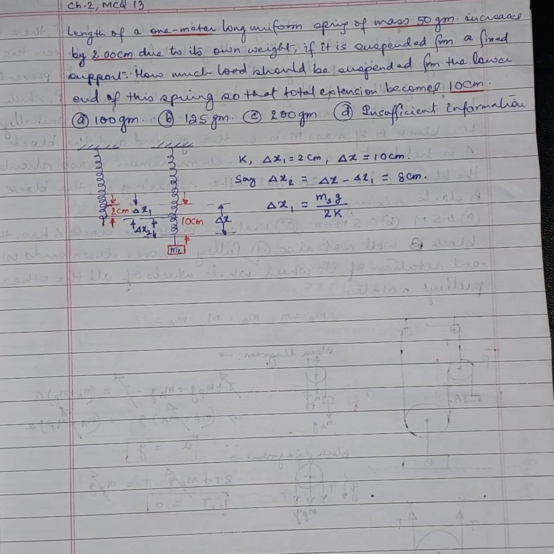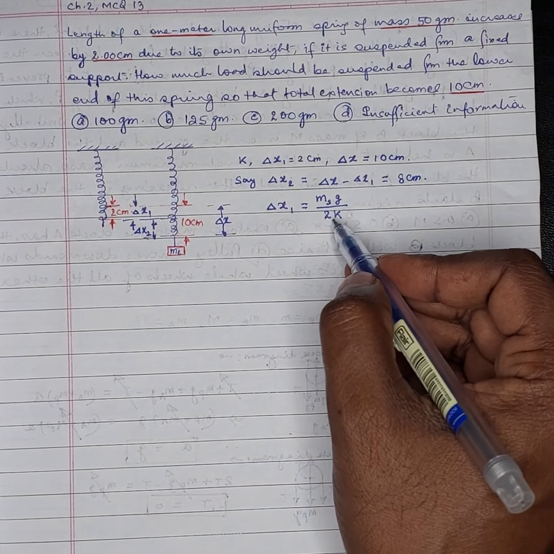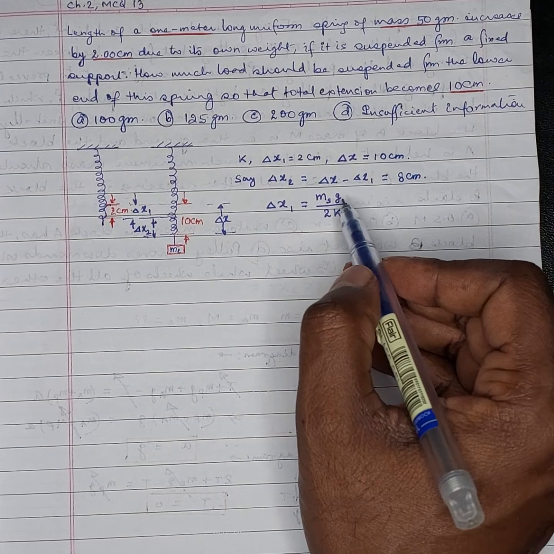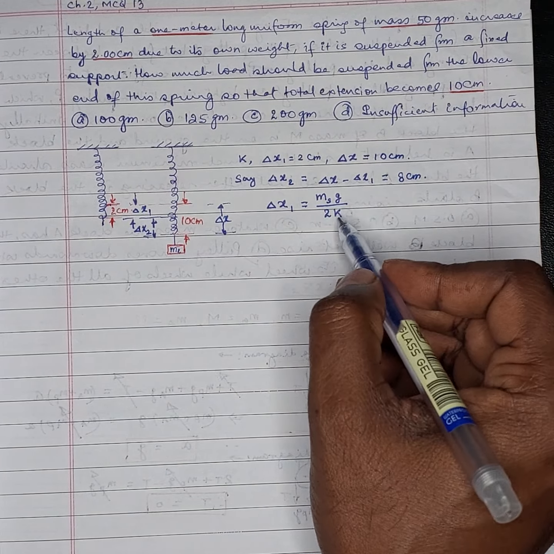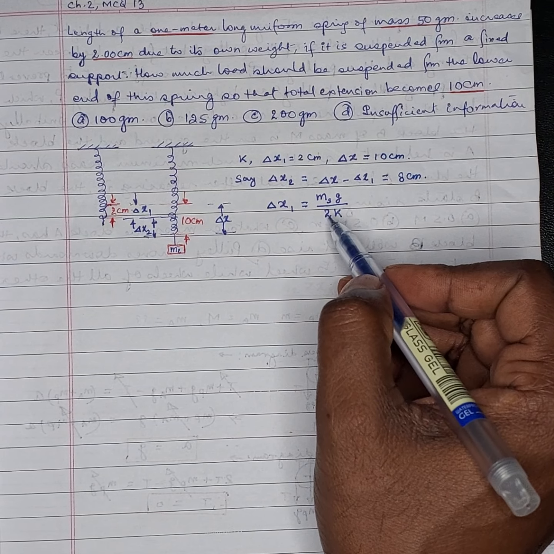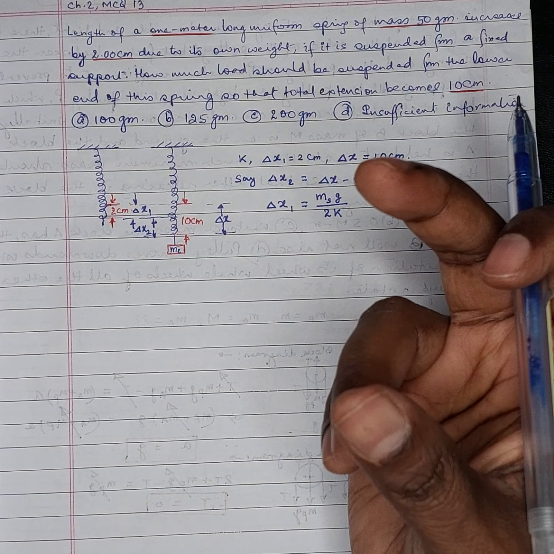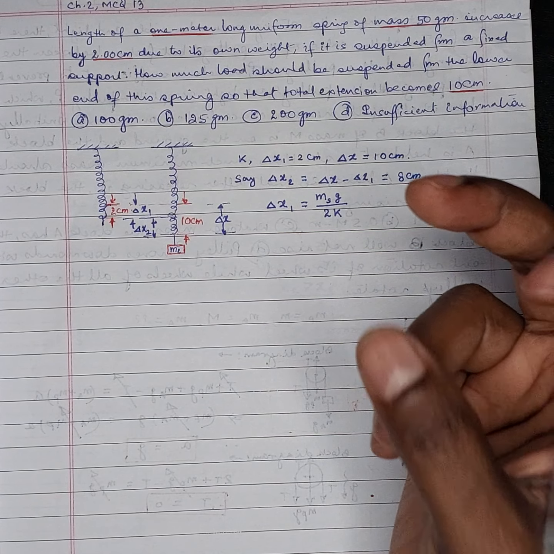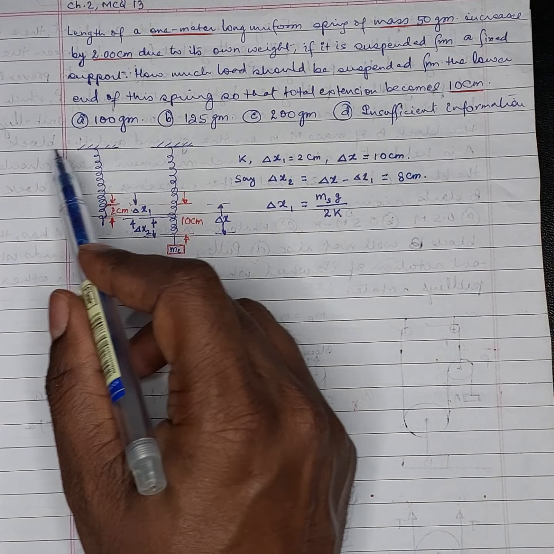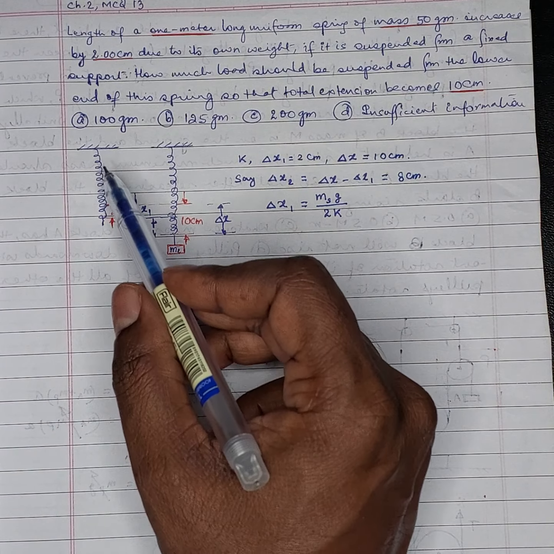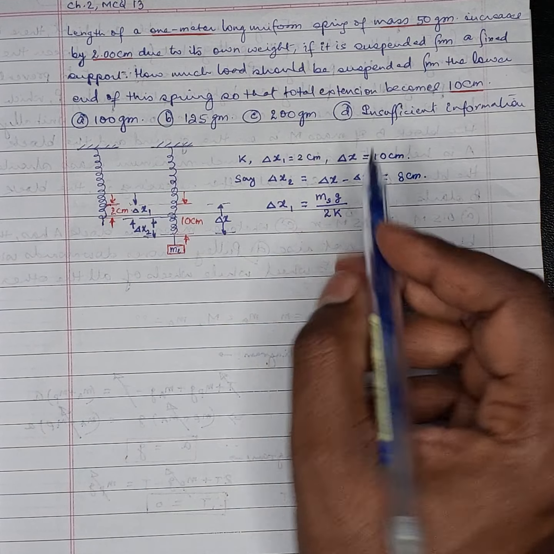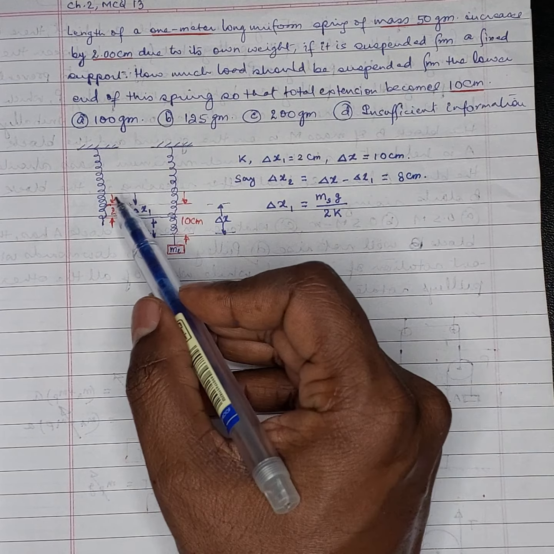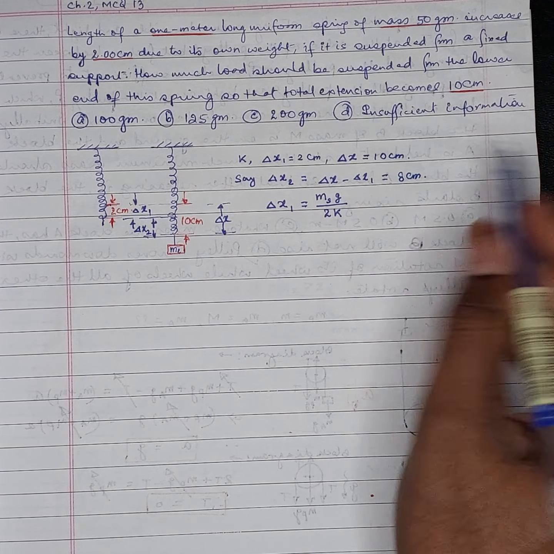You must be knowing this. If you do not know, just remember this. When a free length spring of mass m is suspended from a ceiling, the extension due to its own weight becomes its weight divided by twice the spring constant of the spring.